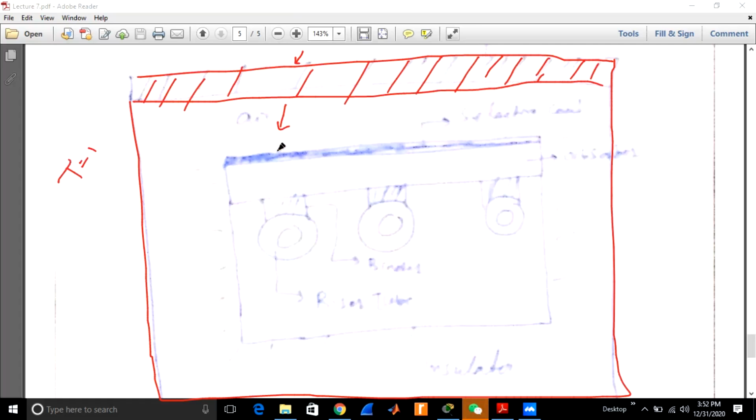They fall on the selective coating, which will absorb 95% of the radiation, and 5% will go back. This is its upper side and this is its lower side. The transmittivity of the upper side is 1, but the reflectivity of the inner side is 1.